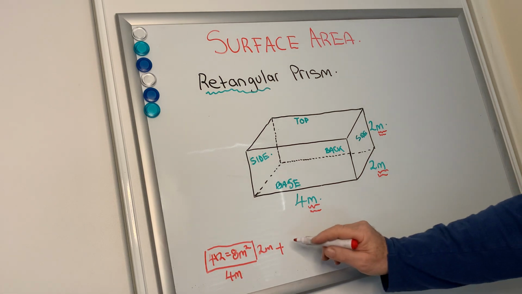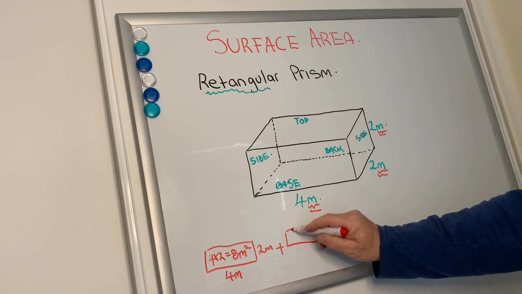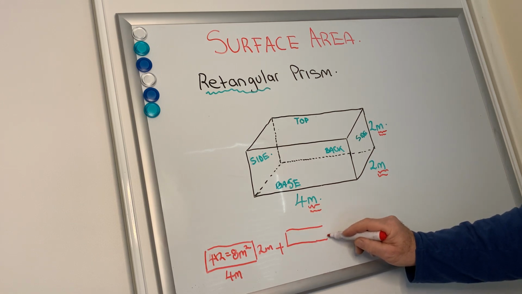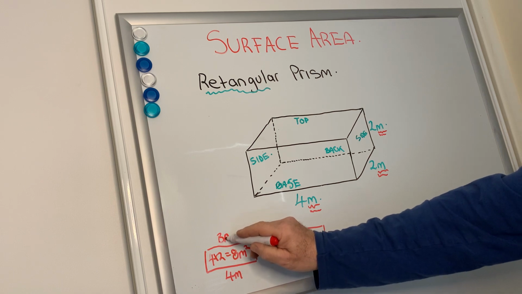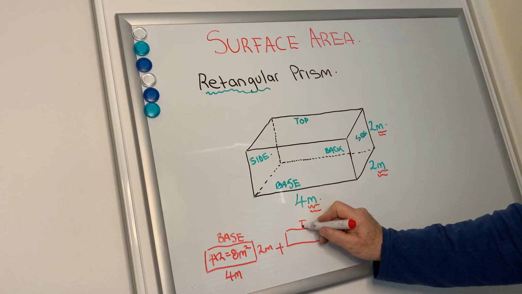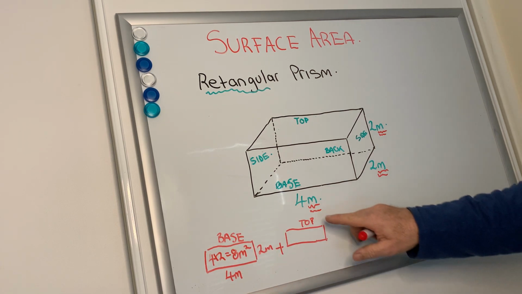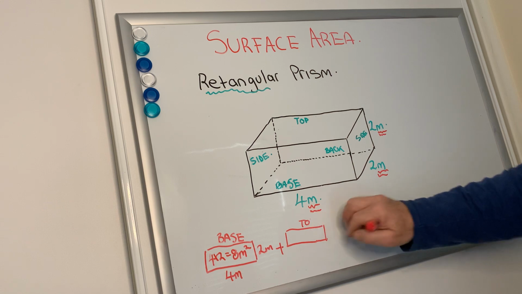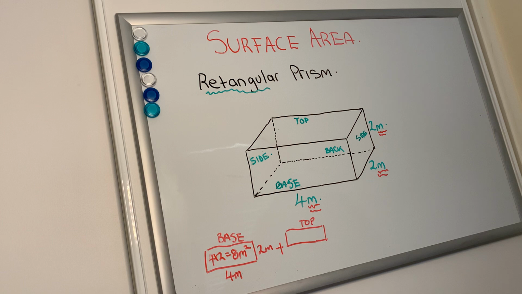I just want to put these in like this for the moment, so that you can appreciate it. I'm going to write base there, and I'm going to write top there. Even though the base and the top are exactly the same, I just want to write it for you so that you can appreciate all the sides that make up this surface area.